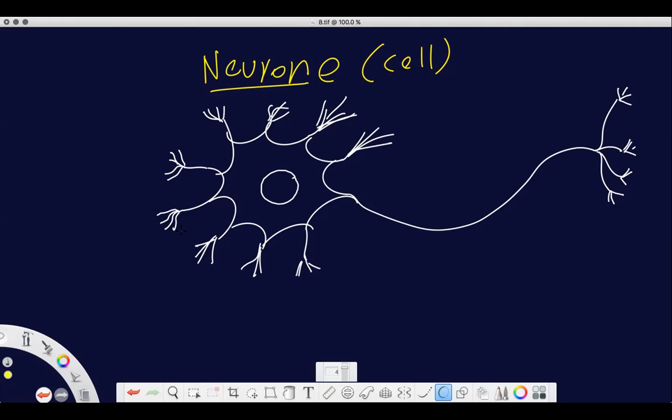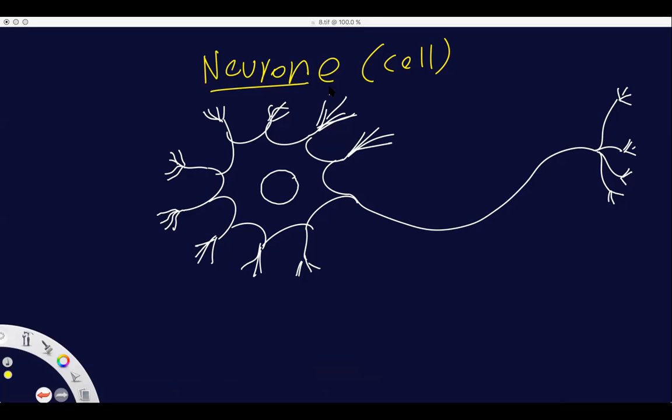Now the neuron is the major cell. There is another cell most of the time closely attached to the neuron. A bit of a special case, right? So it's a one-cell neuron, but with many neurons, another type of cell is closely attached to the neuron.